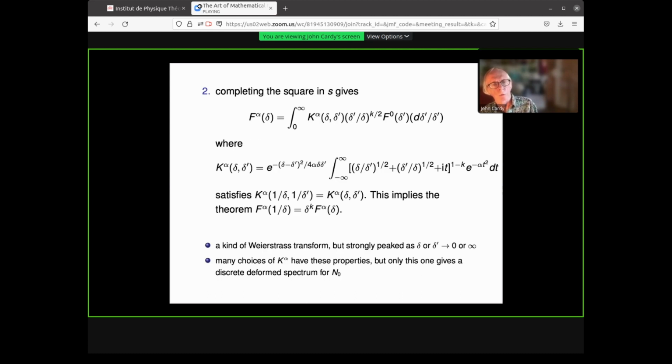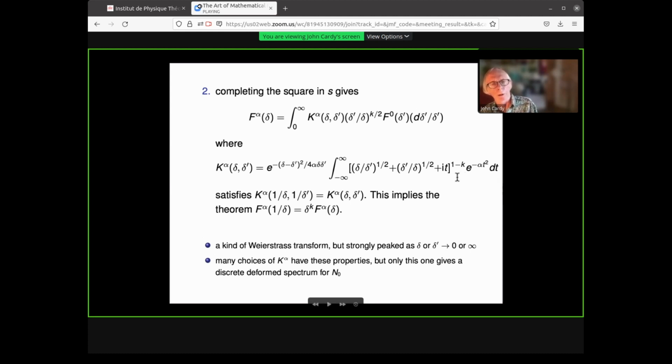So I won't go through that, except to show you that what you can prove is that another way of writing F, the deformed F, in terms of the undeformed F, is a kind of Weierstrass integral transform with a kernel K, which is basically a Gaussian kernel multiplied by this integral, which is some kind of incomplete gamma function.